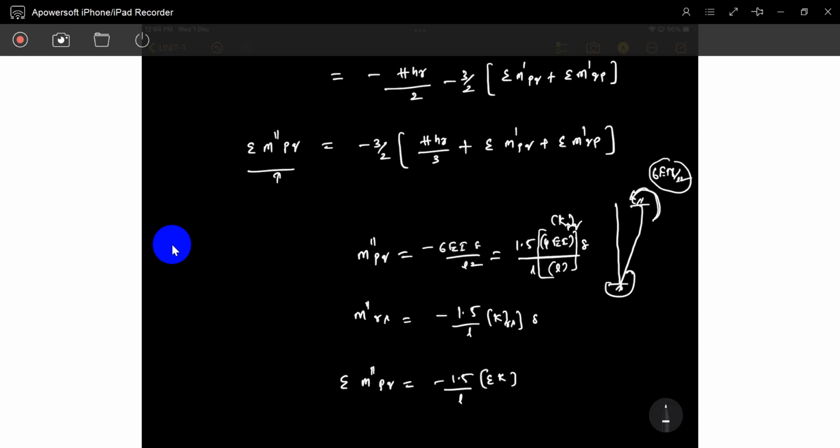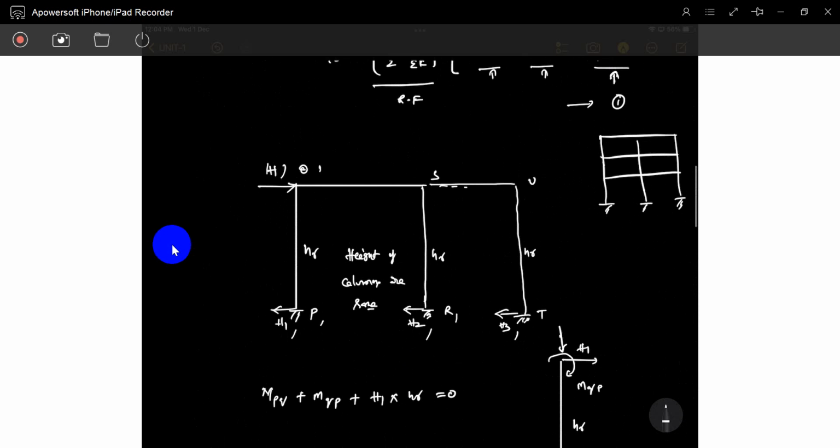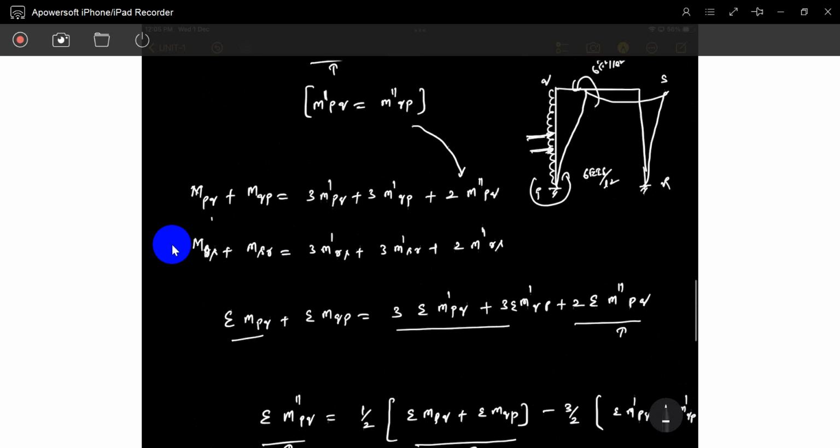stiffnesses delta, because sir, delta doesn't change. In a story, for a particular story the delta is the same.